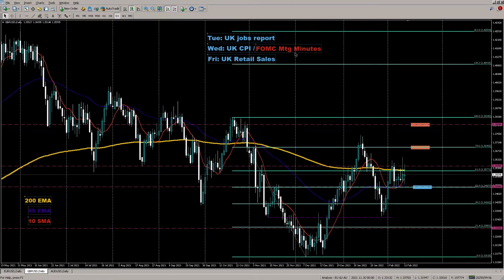And it's also exposed to the FOMC meeting minutes. So let's see if it's able to break out higher above the resistance, or if it breaks down, then there'll be further support from this 38 Fib as well.